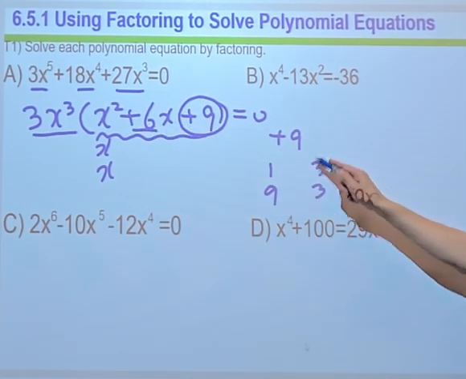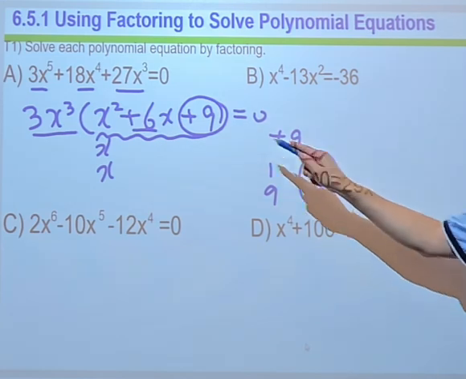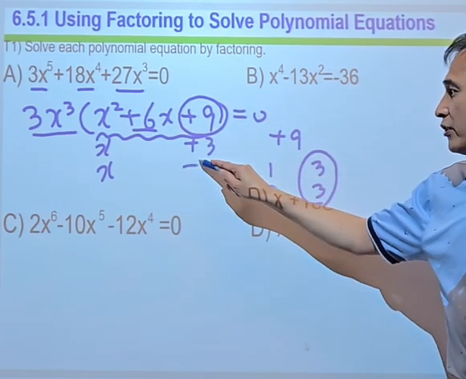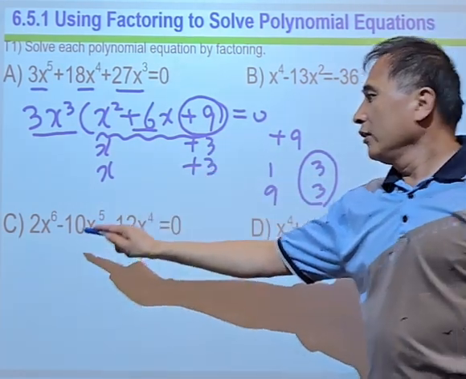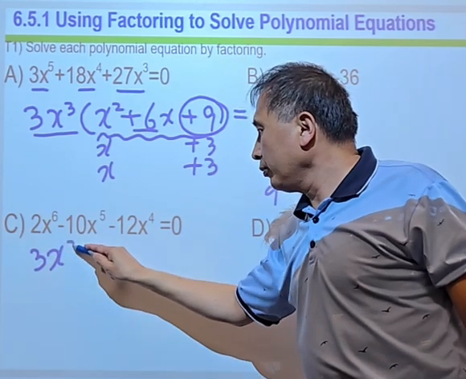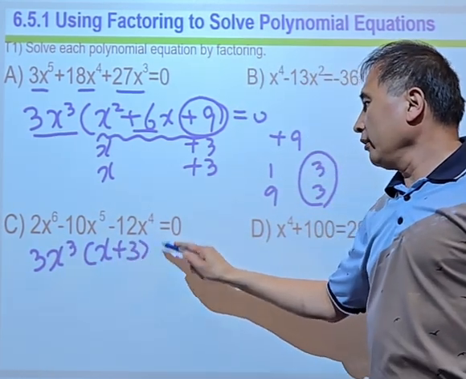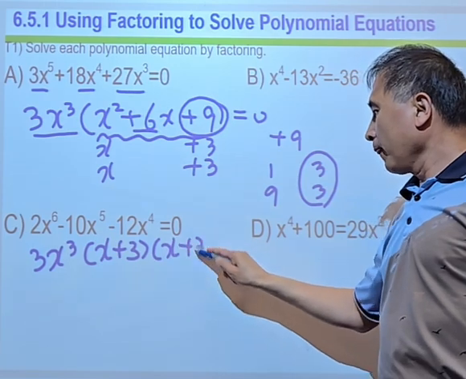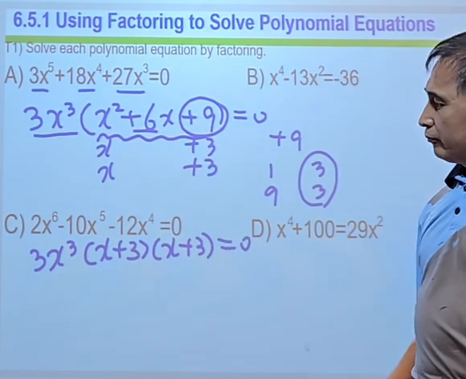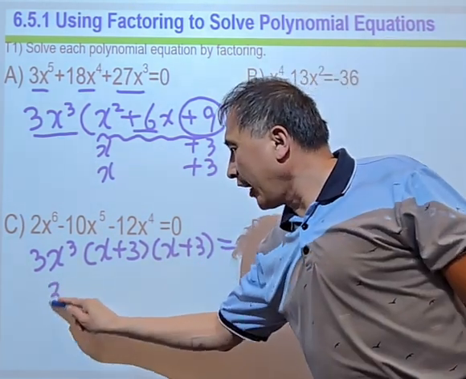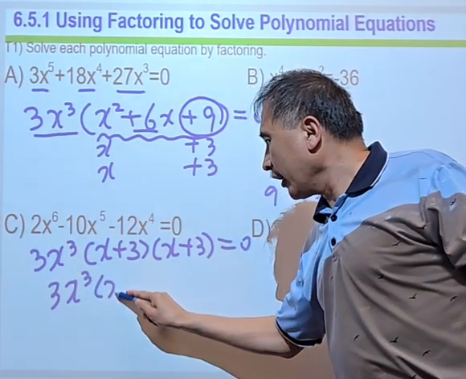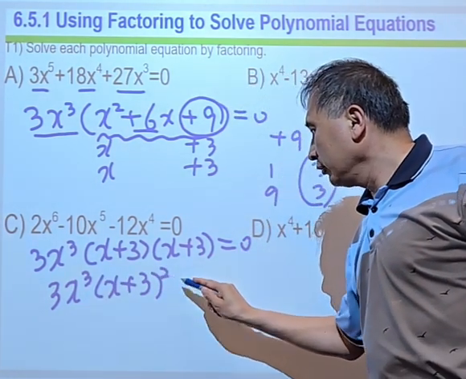The sum of 1 and 9 is 10, and 3 and 3 is 6, so we take plus 3 and plus 3. So we can factor it: 3x cubed times x plus 3 times x plus 3 equals 0. Maybe you can write this as 3x cubed times x plus 3 squared.